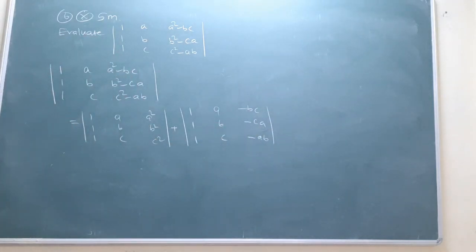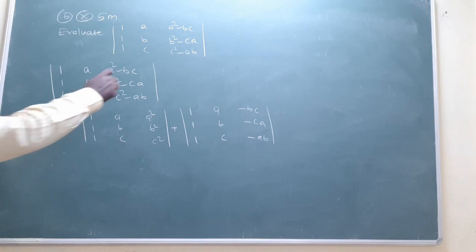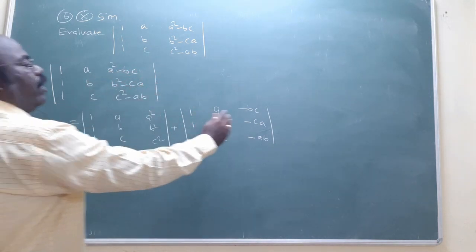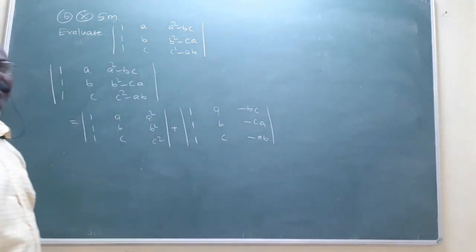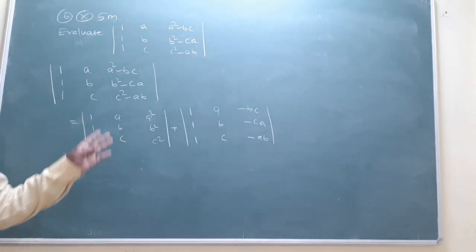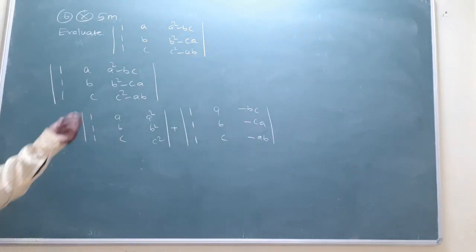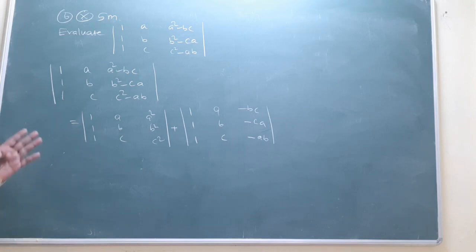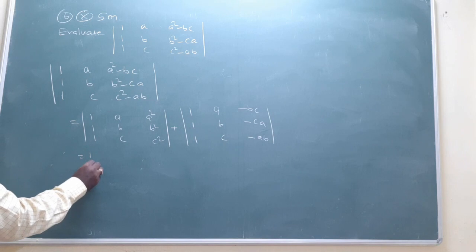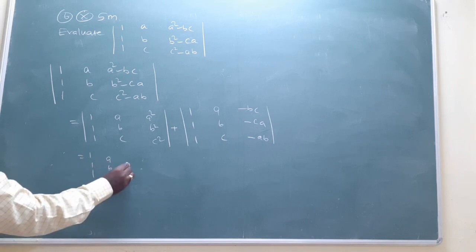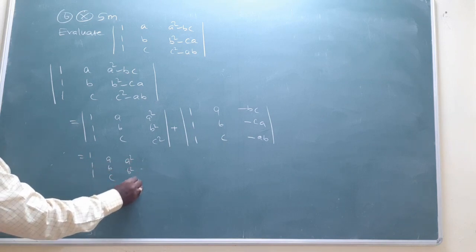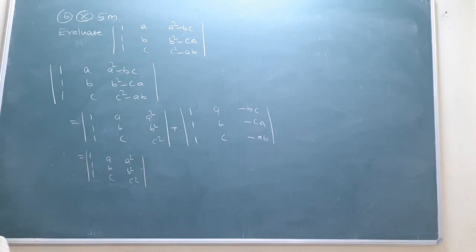Very important. Suppose 3 terms, you write one more determinant. This is the idea. If two terms are there, that's why you write in terms of two determinants. Suppose 3 terms, you write 3 determinants. Now 1, 1, 1, a, b, c, a square, b square, c square, the same thing, no change.